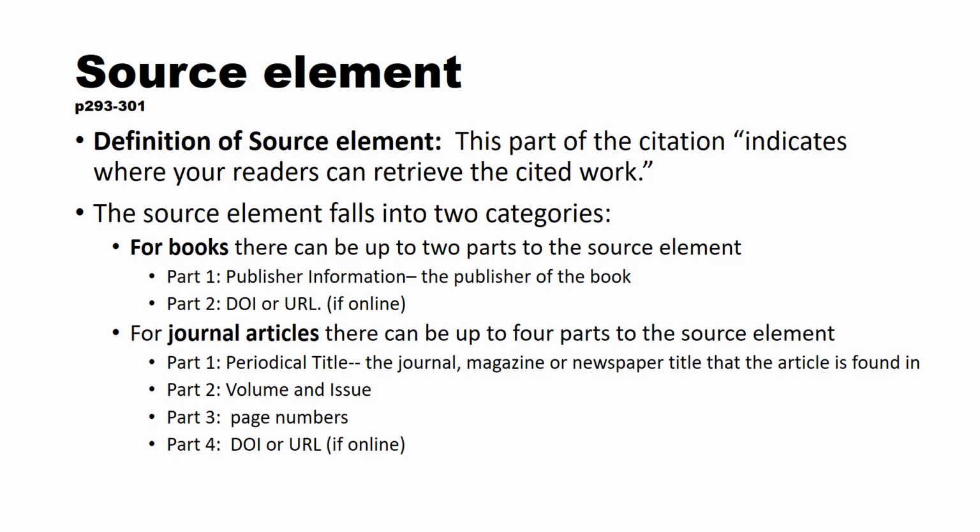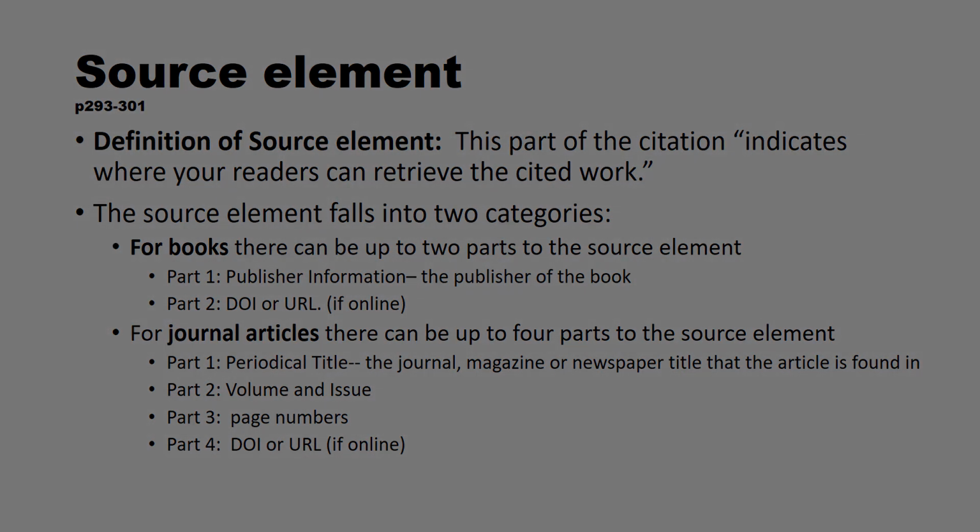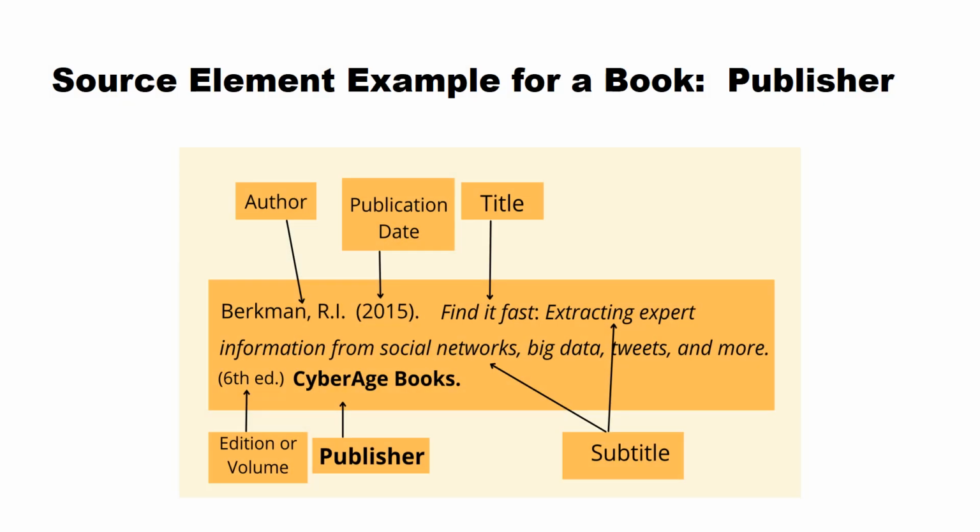There could be the publisher and a DOI or URL. For journal articles, there can be up to 4 parts to the source element. You can have the periodical title, the volume or issue, the page numbers, and a DOI or URL if the source is online. So here is our example for the book Find It Fast.